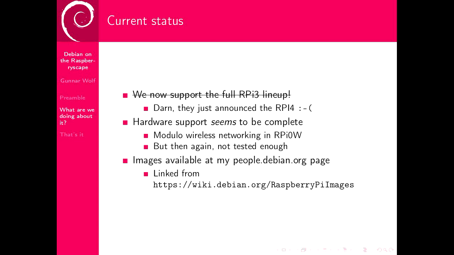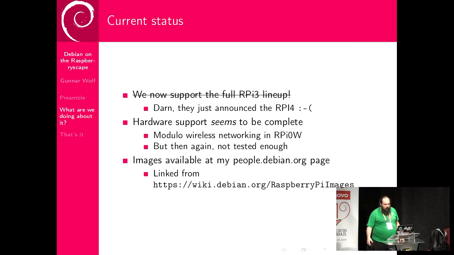The good thing is that we're just shipping the mainline ARMEL, ARMHF or ARM64 kernels, and they just work. I have noticed that the 0W does not yet show the wireless interface. I will be working on it, and it should be supported soon. But other than that, I have not found non-supported hardware.